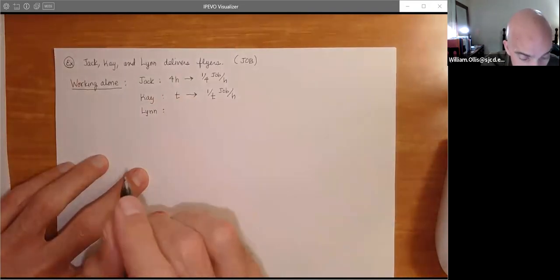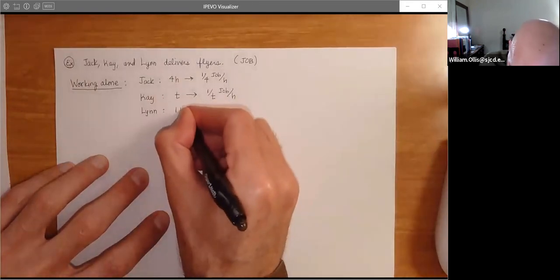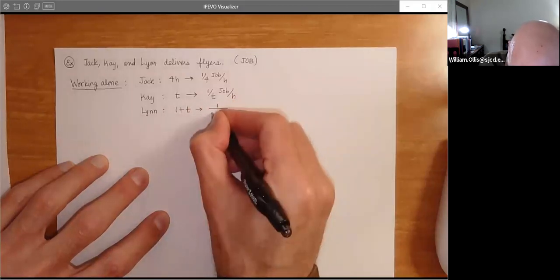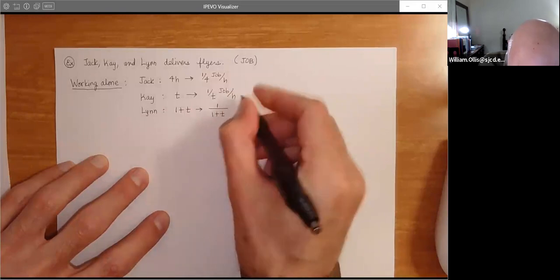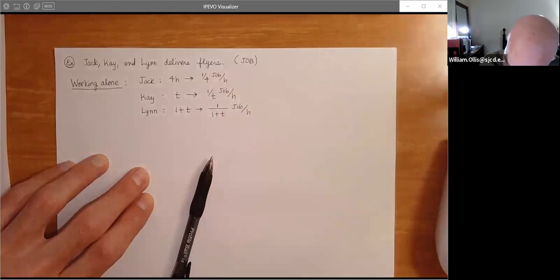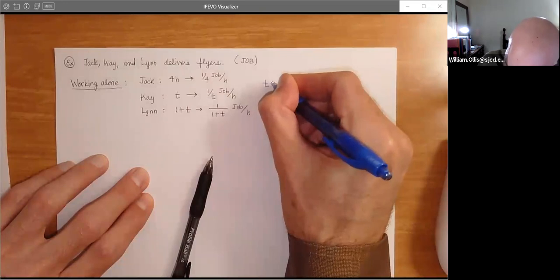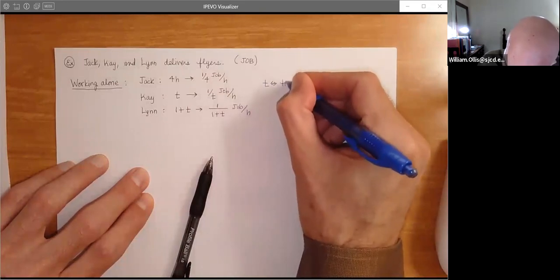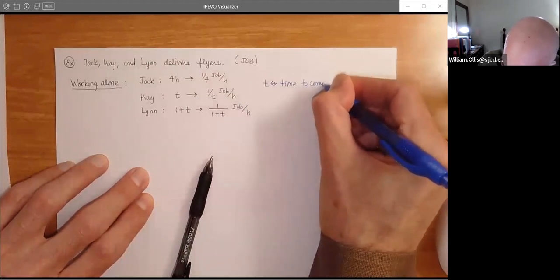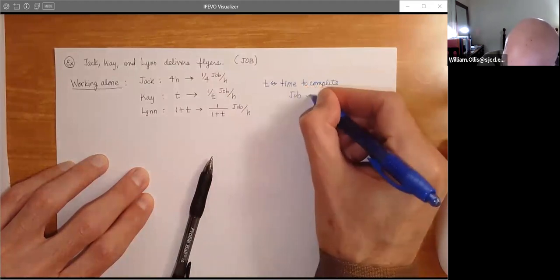Lynn actually takes 1 more hour than K. So she requires 1 plus T. So she can get 1 divided by 1 plus T, fraction of the job per unit time. So in this case, T, we say time to complete job for K.